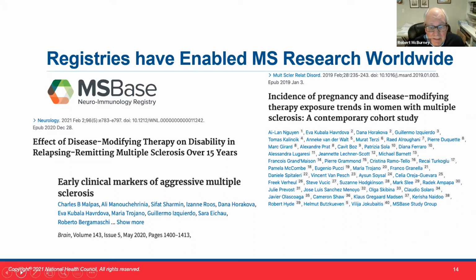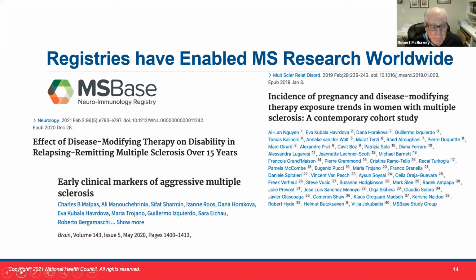And people with all sorts of levels of disability have been treated with these therapies. And it's only a big database that can really study the effect of disability. And it's also only a real big database that can look to see whether there are early clinical markers that can identify those people with aggressive multiple sclerosis.